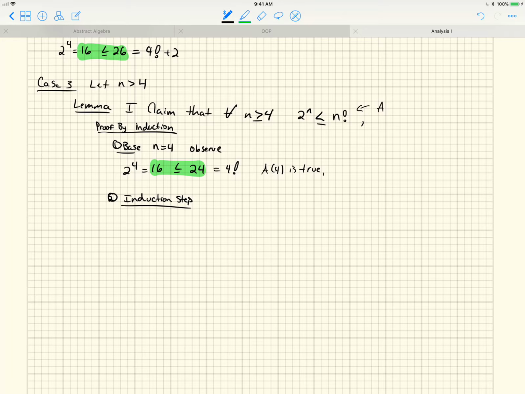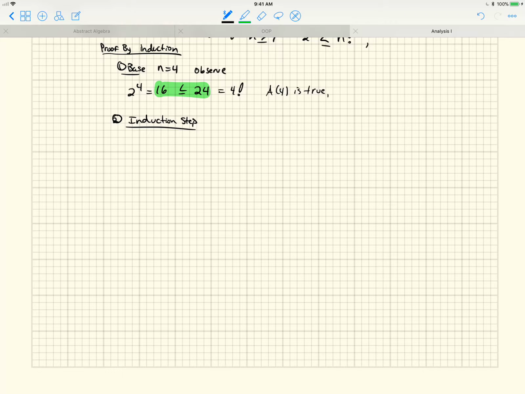Step 2, also known as the induction step, as I like to think of it, the man who walks to infinity. I let n be greater than 4 and assume A(n) to be true, and I must show A(n+1) to be true, right?